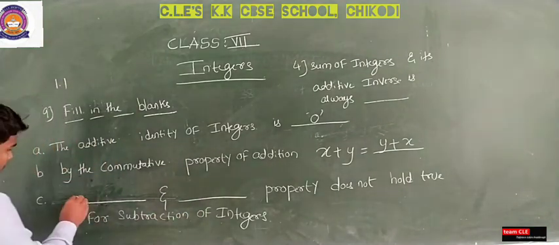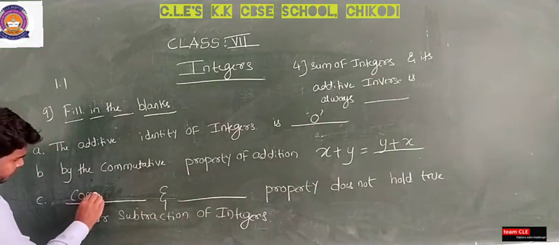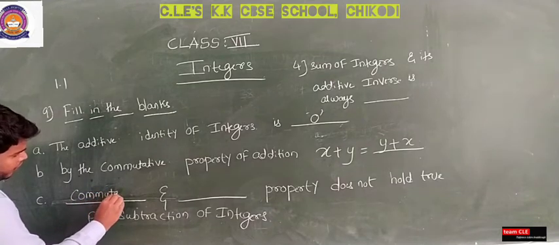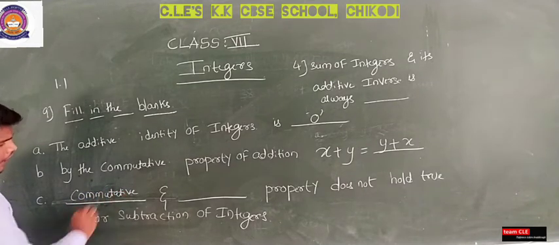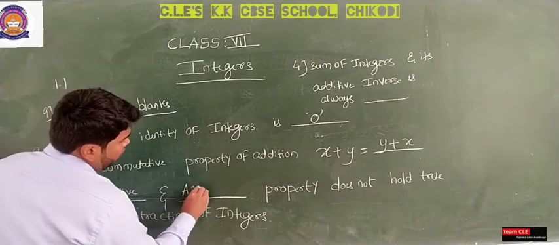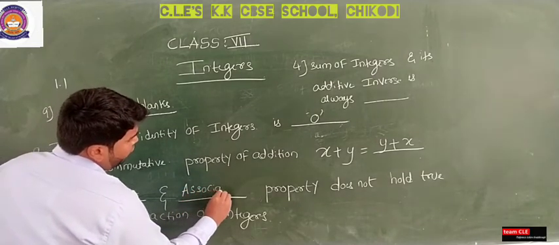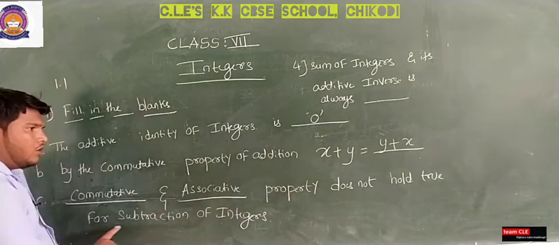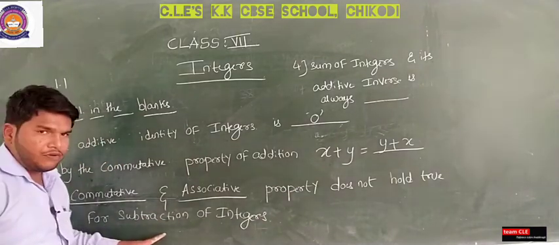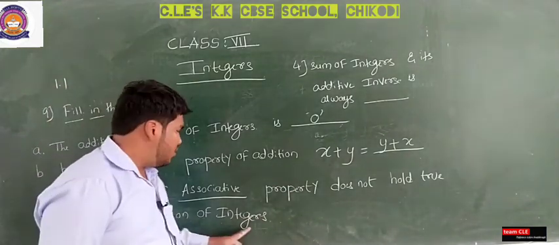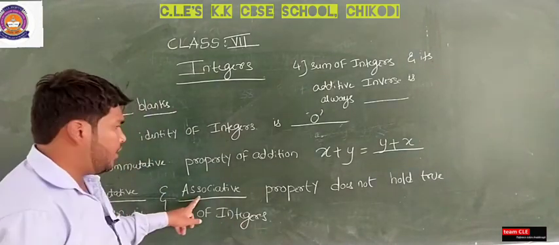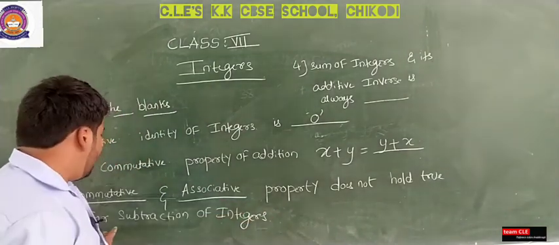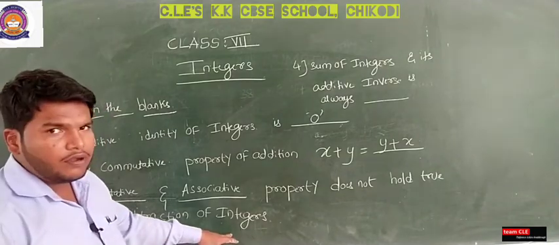So you can write: commutative and associative property does not hold true for subtraction of integers. This you have to note down.